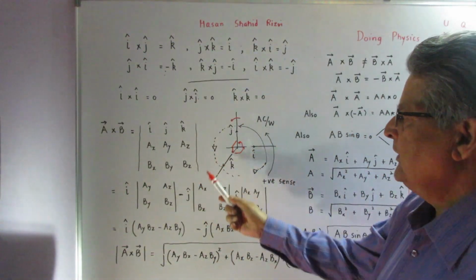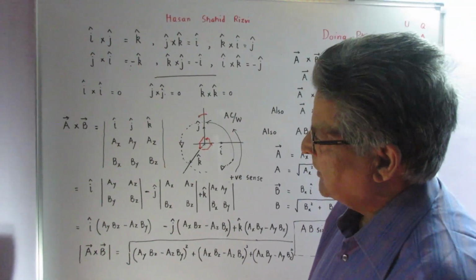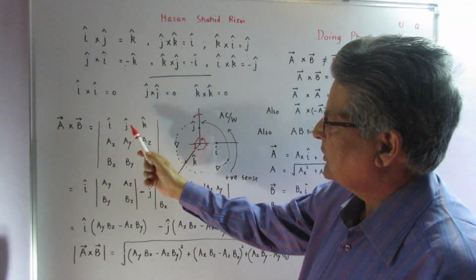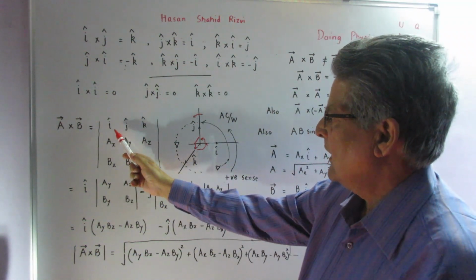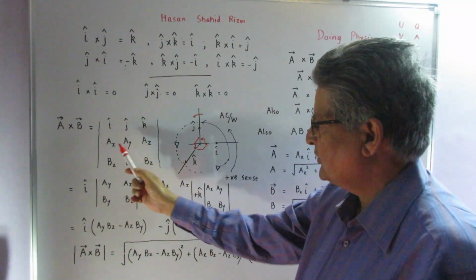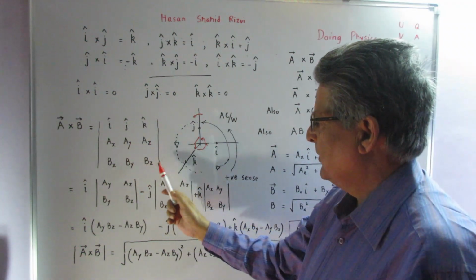here I write in the form of a determinant. In the first row I write i cap, j cap, k cap, then the components of the first vector ax, ay, az, and then bx, by, bz.